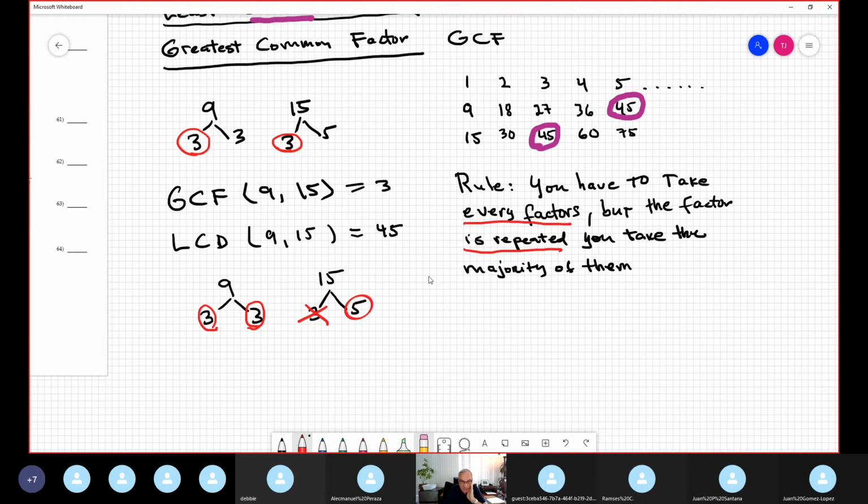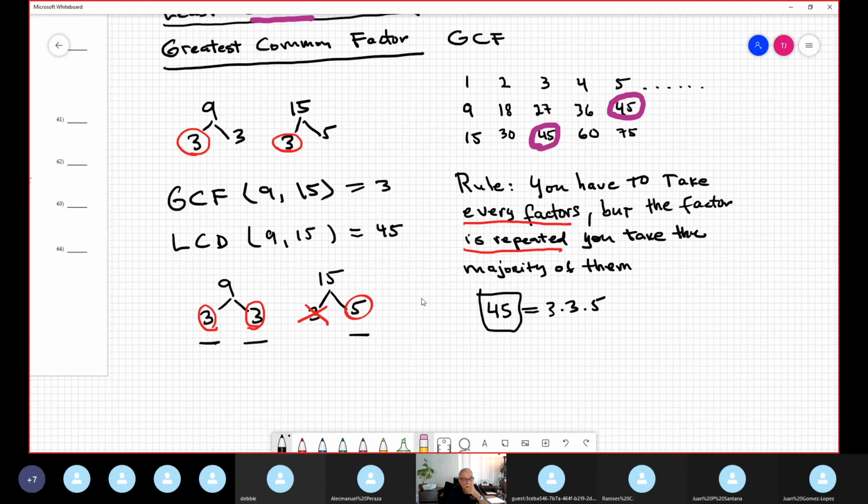If some factor is repeated, you take the one with more amount and delete the lesser amount. Now multiply: 3 times 3 is 9, and 9 times 5 is 45, exactly the same answer. Super easy. 45 comes from 3 times 3 times 5. It's the least common denominator idea.